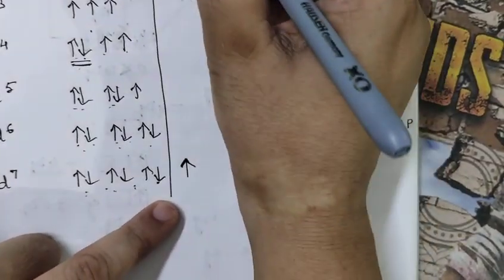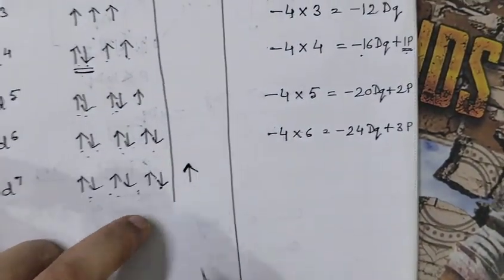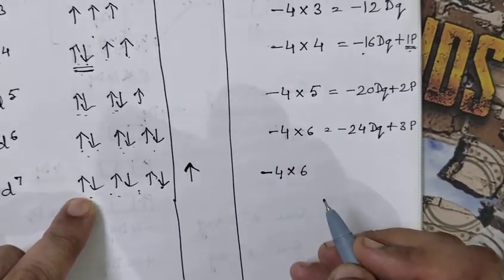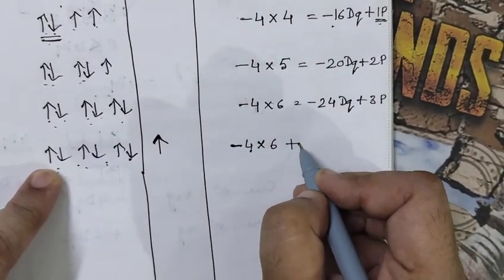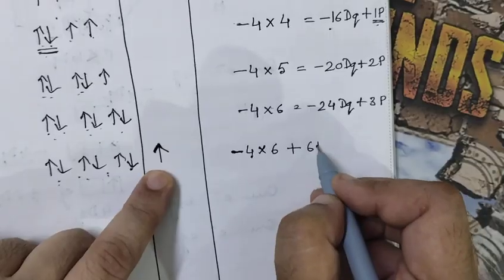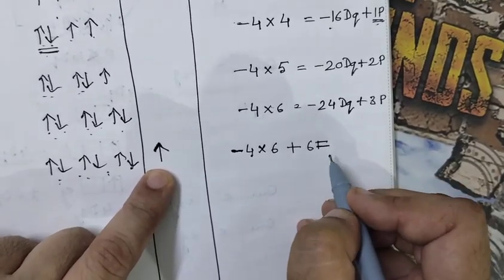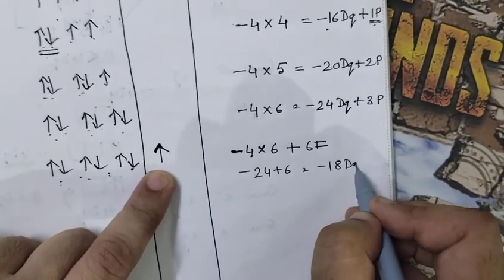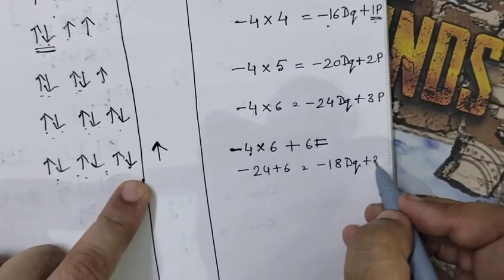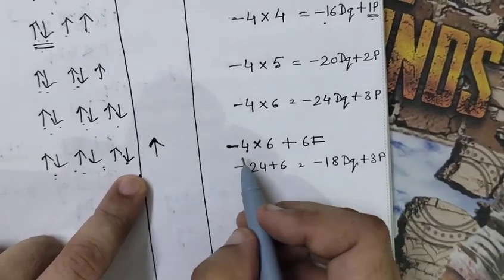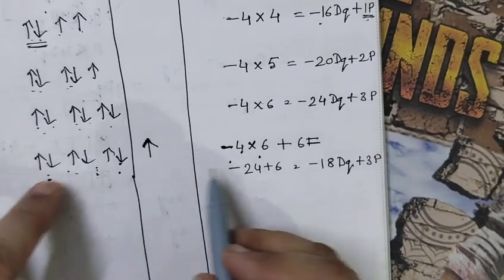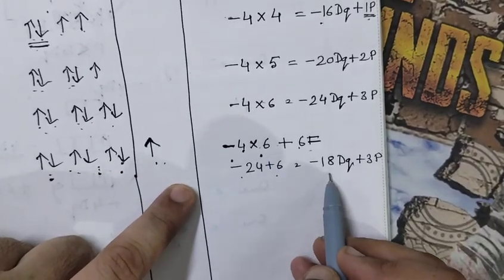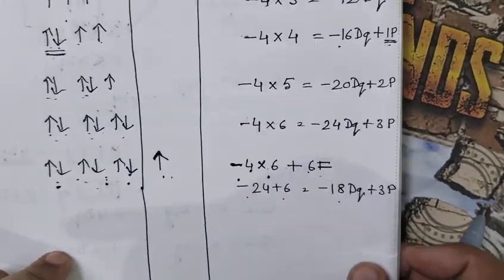So the total energy will be minus 4 into 6, plus 6, that is minus 24 plus 6, which is minus 18 dq, and total pairs are 3 only, so plus 3p.